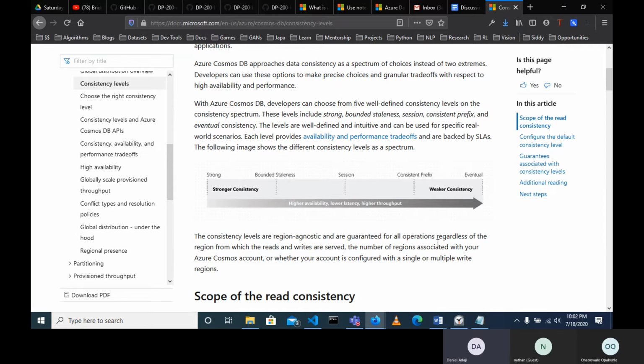If you switch to bounded staleness, the availability increases but consistency reduces. So consistency reduces from left to right, but availability and throughput increase from left to right.